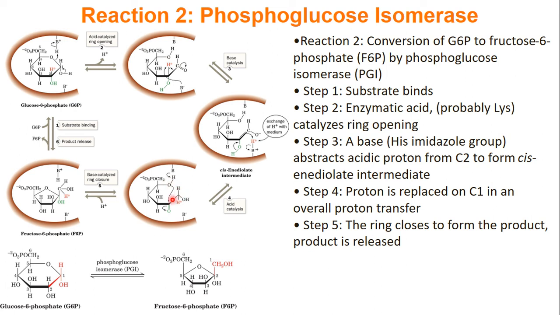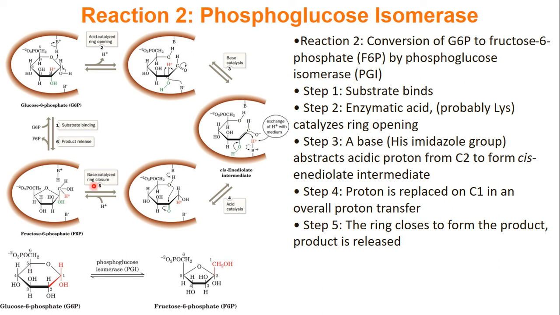That will allow this oxygen to attack, forming a ring closure. And this oxygen needs to be protonated. That's probably coming from water. So you have that protonated, and then you have your base being closed, and you have now formed fructose 6-phosphate.